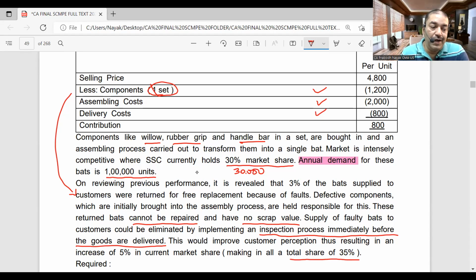So if 928 bags are returned and they are to be replaced free of cost, then the cost of those 928 bags which you are going to replace, we have to find out, which is made up of these three costs. So let us write down.